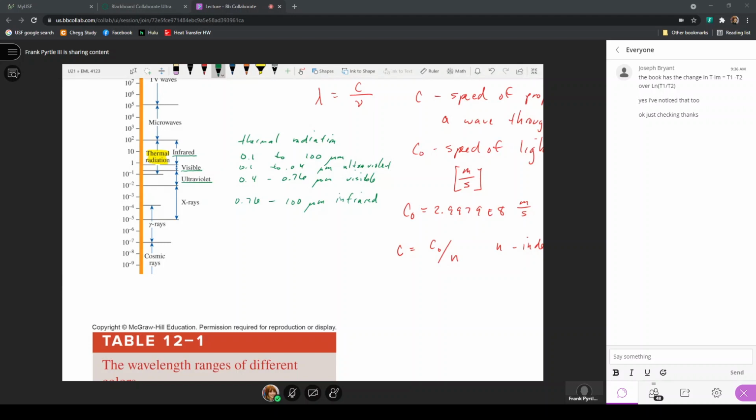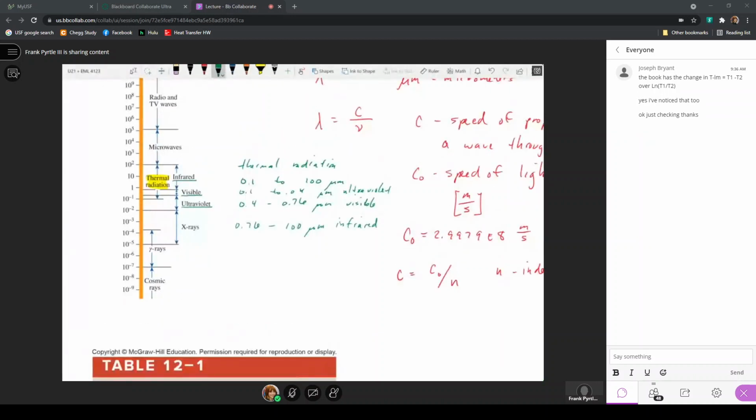The names and specifications of these ranges are decided on by those who did research into the electromagnetic spectrum, and then would group or specify particular ranges.